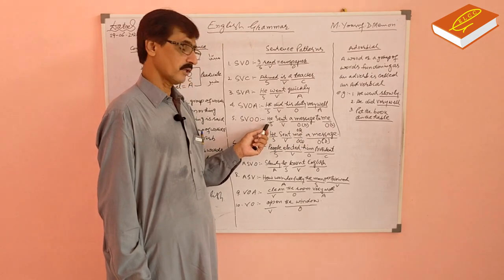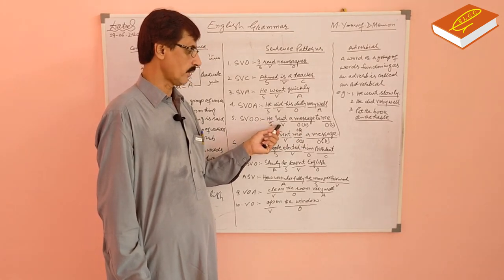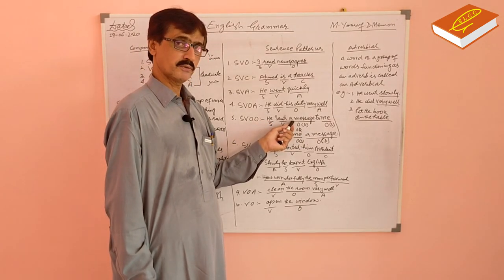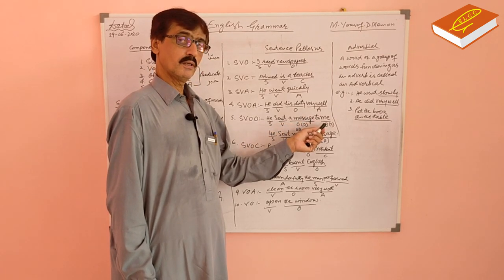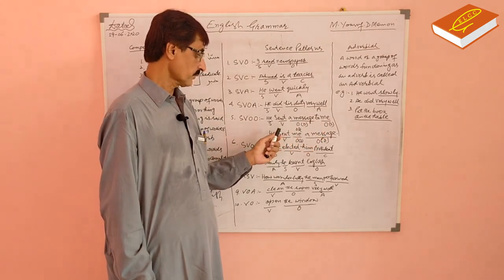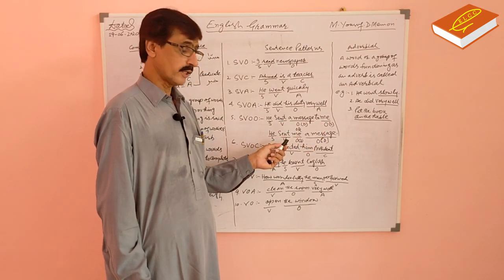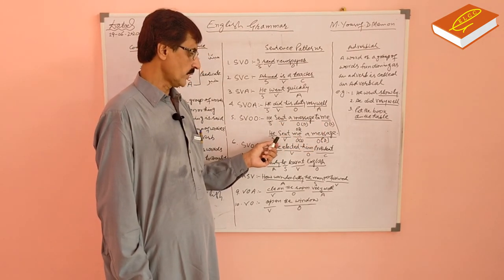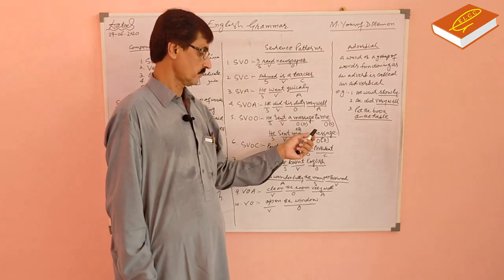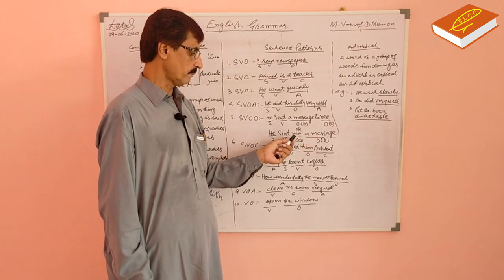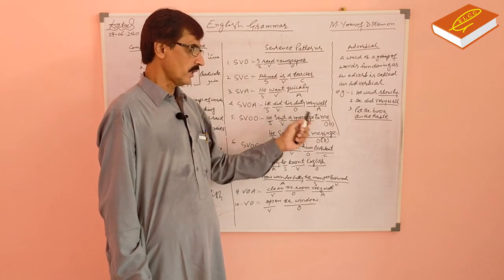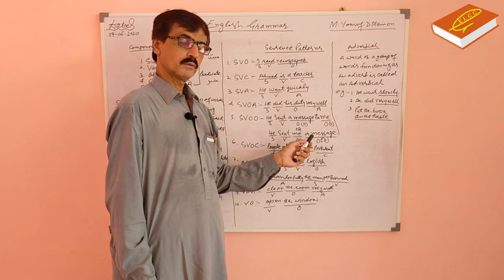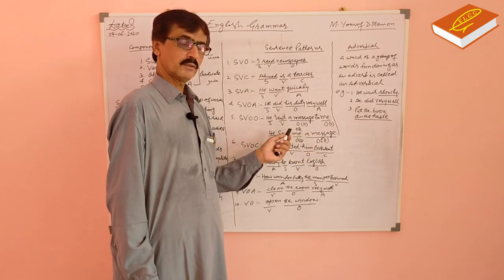Here, he is subject, sent is verb, a message is direct object, and me is indirect object. The same sentence can be written this way also. He sent me a message. Subject, verb, indirect object, direct object. It means direct object and indirect object can change their places.